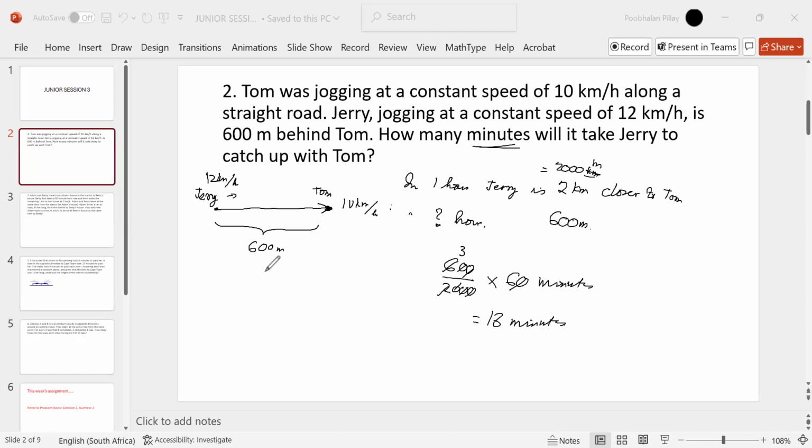Another way of doing this is that you say, suppose it takes 3 minutes to catch up.